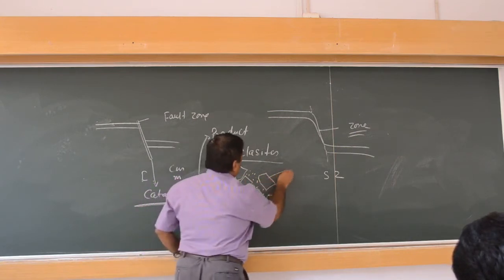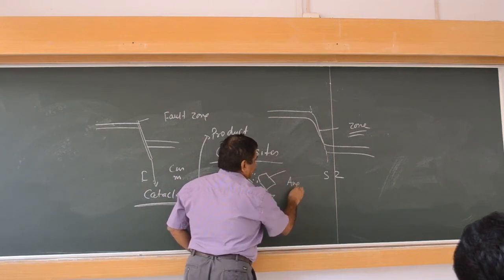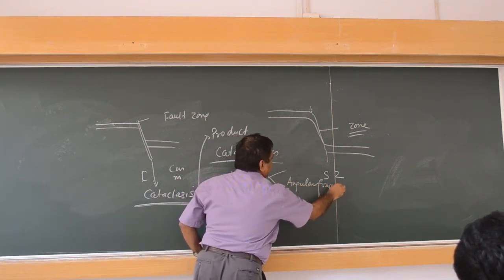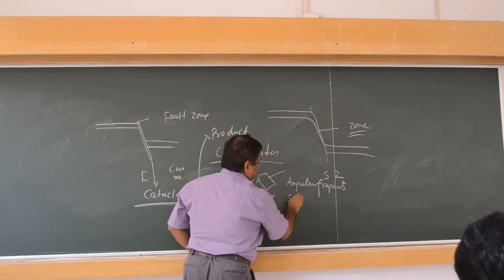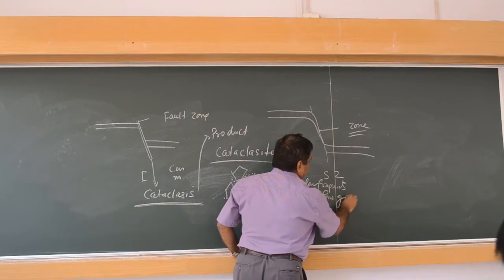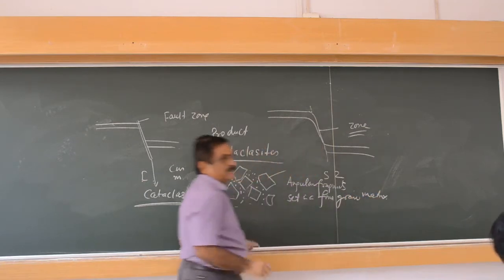So this is the rock, known as cataclasite: angular fragments set in a fine grained matrix. That is how cataclasite will be identified.